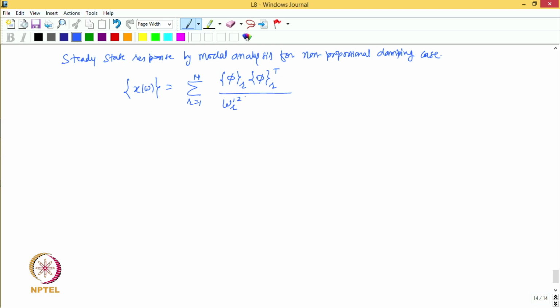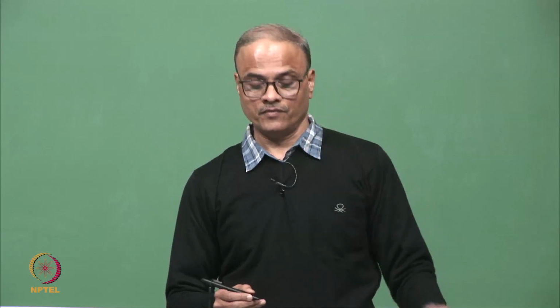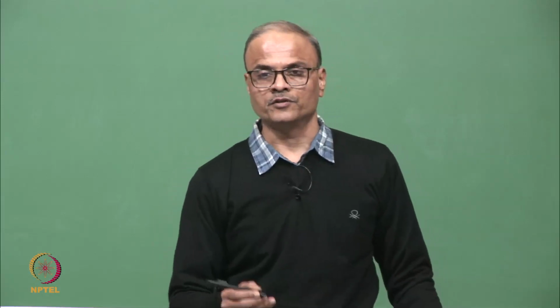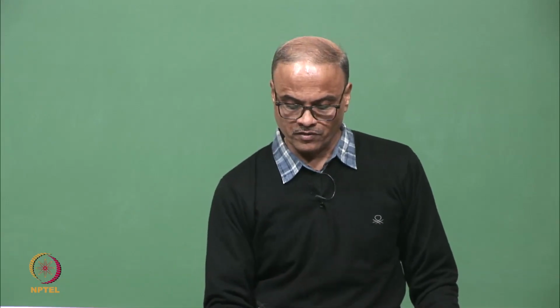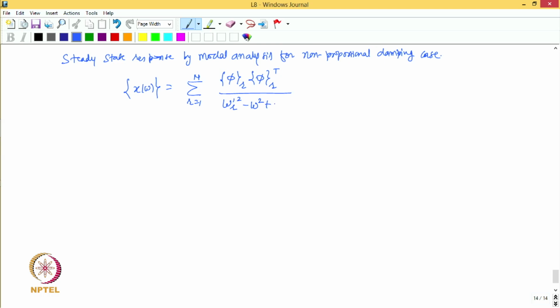Now we are going to have omega r dash square, because these are no longer the same frequencies as the undamped model natural frequencies, it is a different quantity, therefore it is represented by omega r dash. So, this is what we get for the system with non-proportional damping.